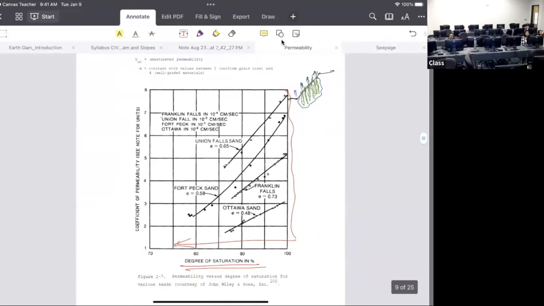Degree of saturation curve, look at this. What happens? If your degree of saturation goes down, it means the soil is getting drier. If the soil is getting drier, is K increasing or decreasing? Decreasing, right? In the unsaturated zone, if the soil is getting drier, your permeability goes down.